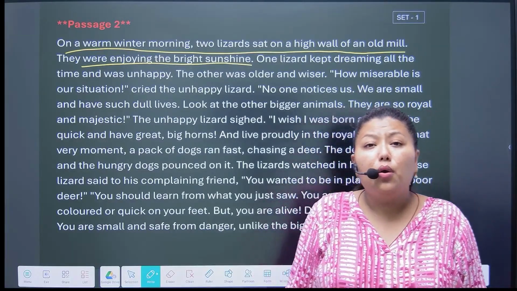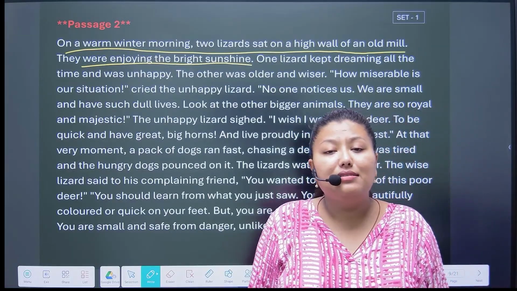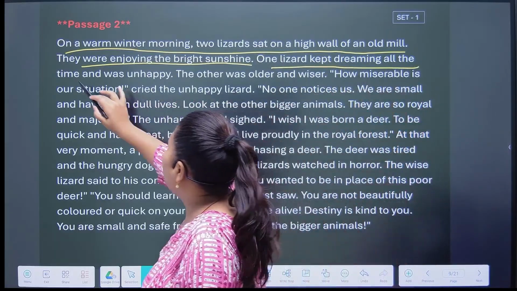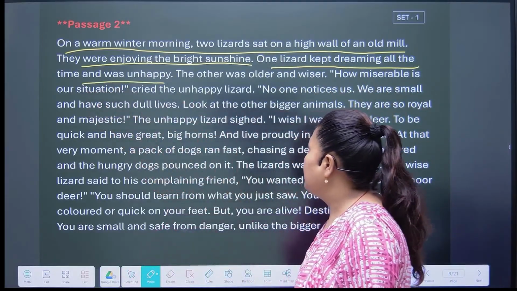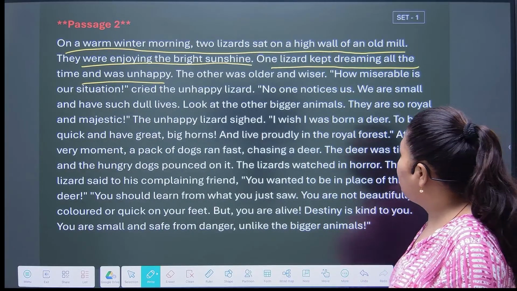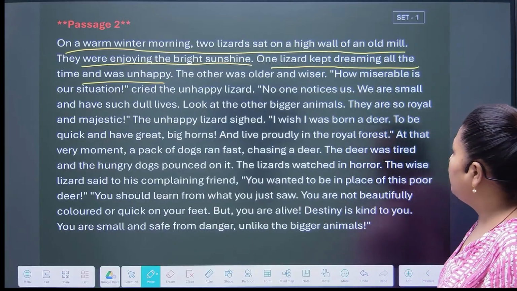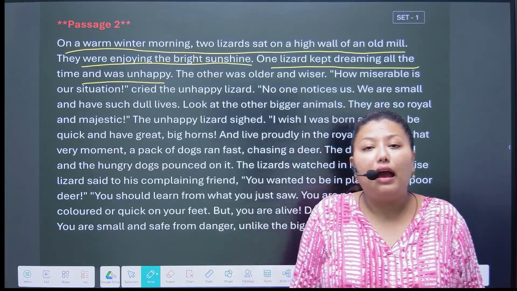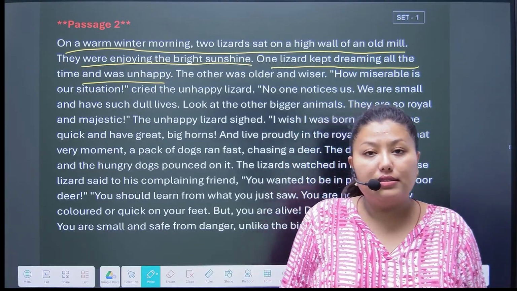Next question. Why was the one lizard unhappy? One lizard kept dreaming all the time and was unhappy. Next question. And how was the other lizard?